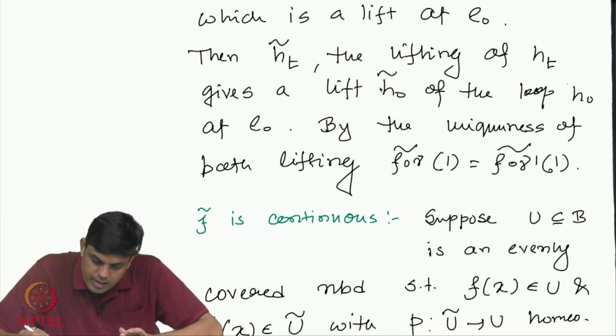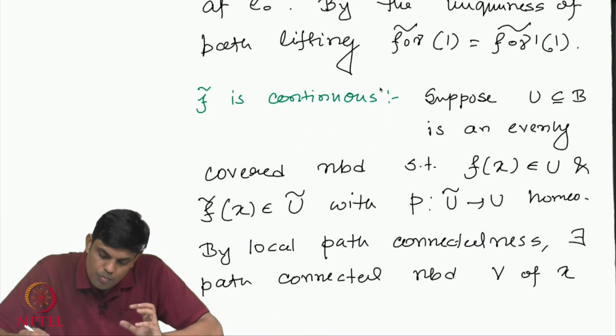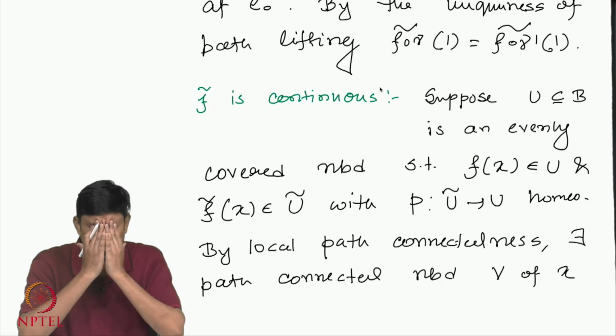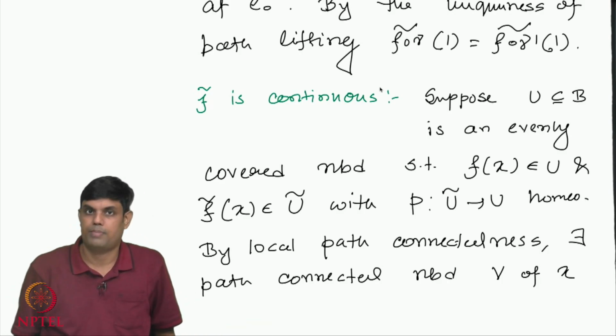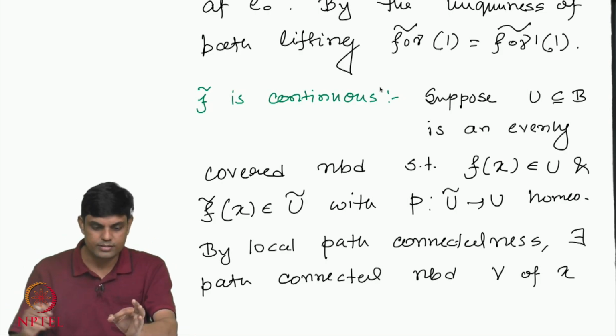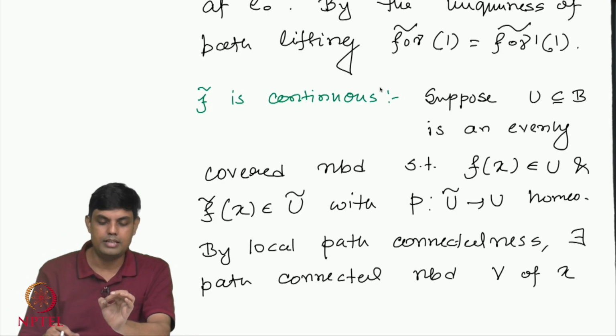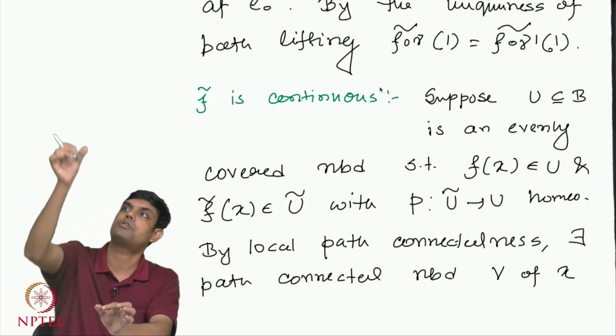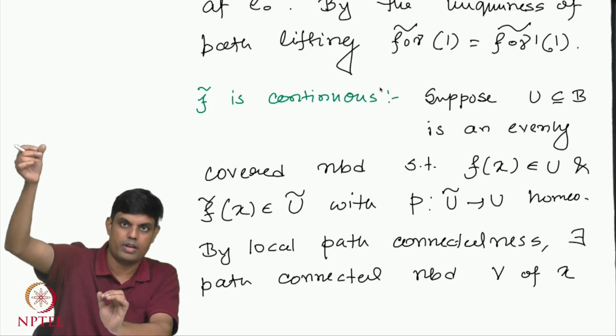Now, to define continuity, what you have to do is the following. I have defined f tilde in terms of path lifting. If I am focusing on an evenly covered neighborhood, p is a homeomorphism corresponding to each of its preimages.